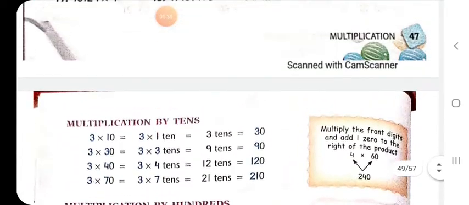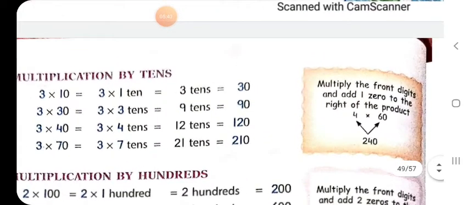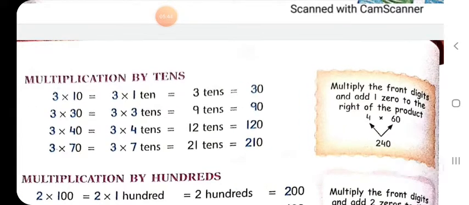Now today we will start multiplication by tens. As you can see here, the example is given: 3 multiplied by 10 is equal to, and I am going to give you an example with my own technique, and I hope you will all be able to understand it. 3 multiplied by 10 is equal to 3 multiplied by 1 ten.